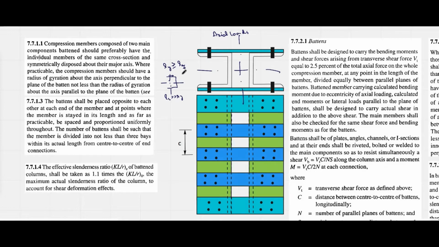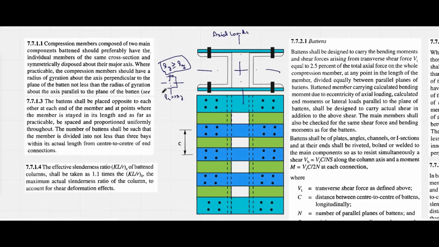Whenever we increase the distance, the radius of gyration increases. We will increase the distance in such a way that the radius of gyration about the axis perpendicular to the plane must be greater than the radius of gyration about the axis parallel to the plane. This is the one thing we need to remember while designing a batten system.